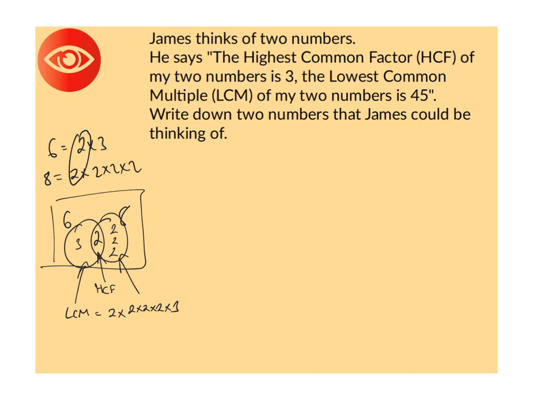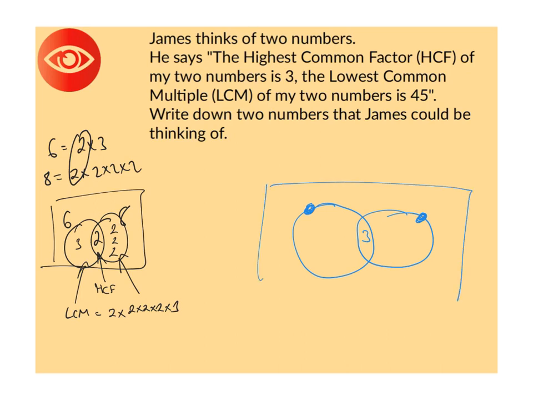And we're going to apply this to what James has said in this question. James has said he's thinking of a pair of numbers, and the two numbers have a highest common factor of 3. Now 3 is a prime number, so this makes this quite simple because we can put the 3 in here. And this circle is going to be one number, and this circle is going to be the other number, and that's going to be his two numbers.